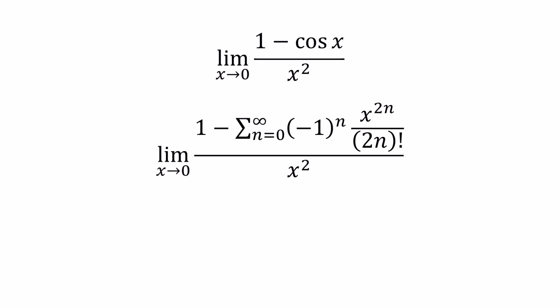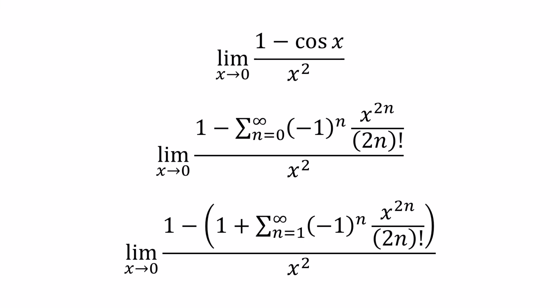Stripping out the first term of the series then gives the limit as x approaches 0 of 1 minus 1 plus the summation from n equals 1 to infinity of negative 1 to the n, x to the 2n over 2n factorial, all over x squared.